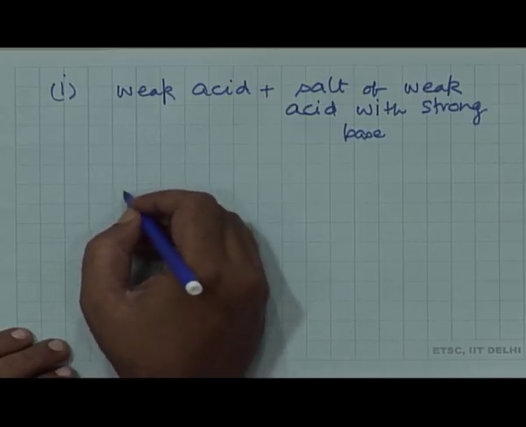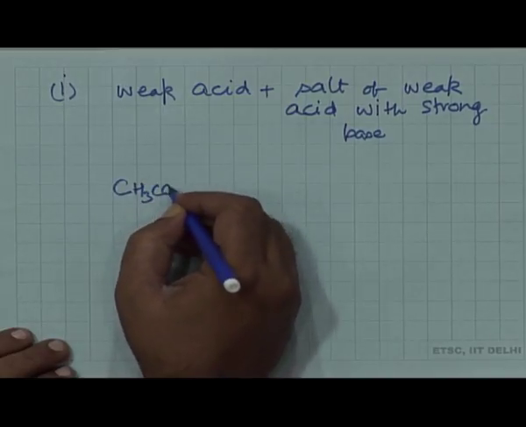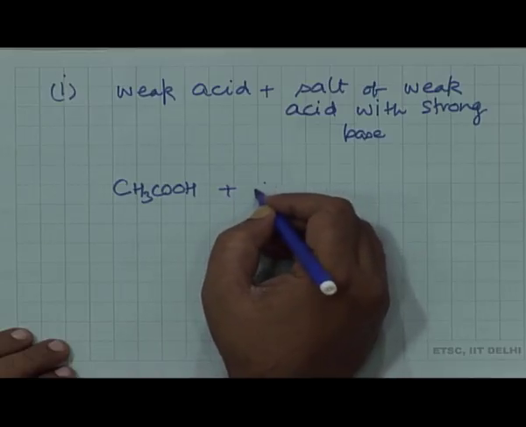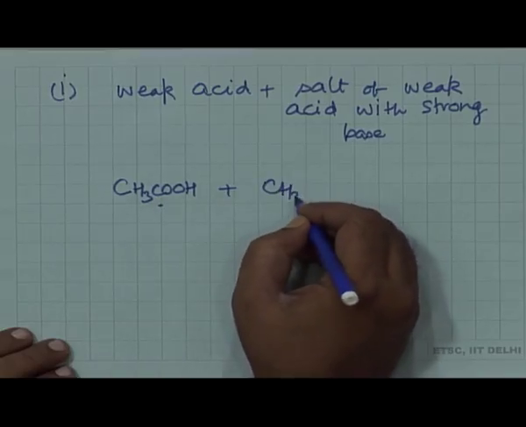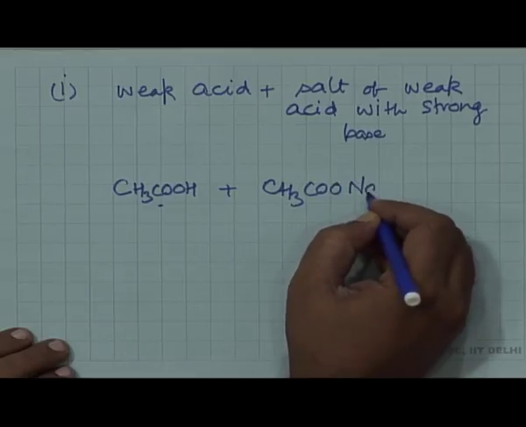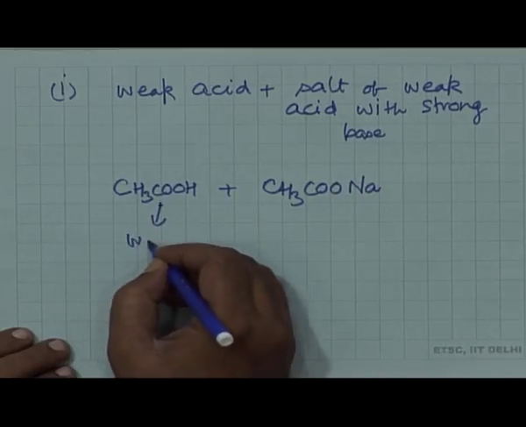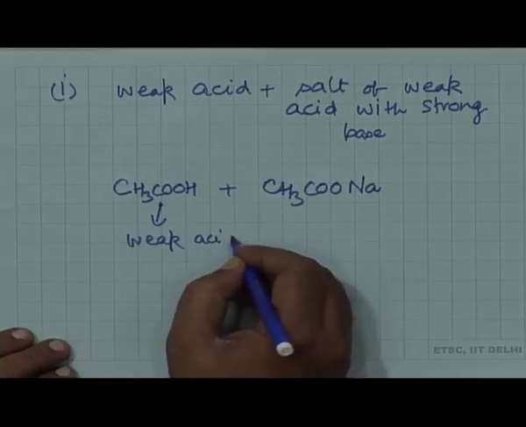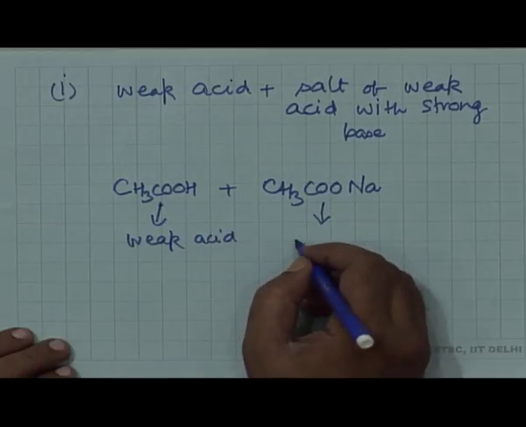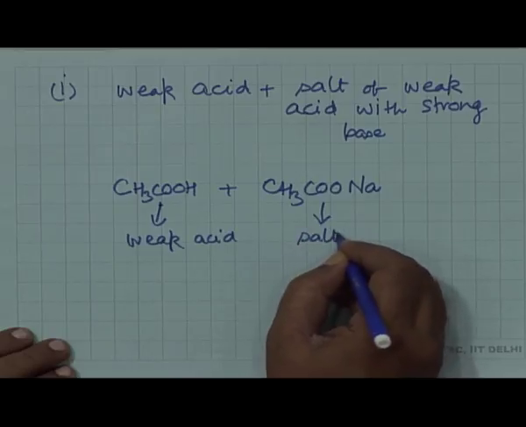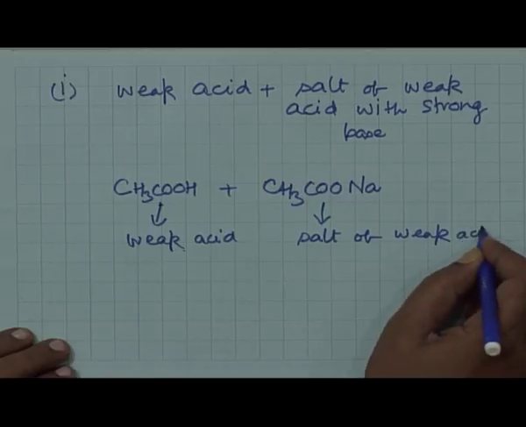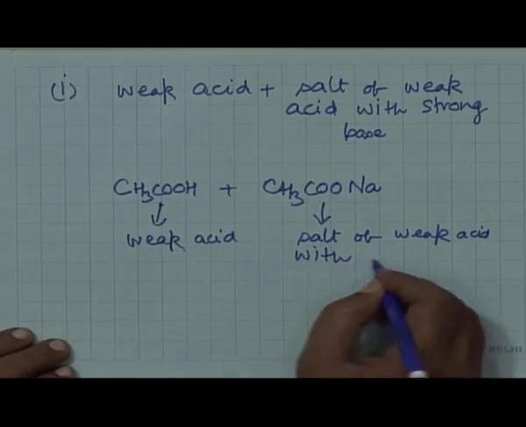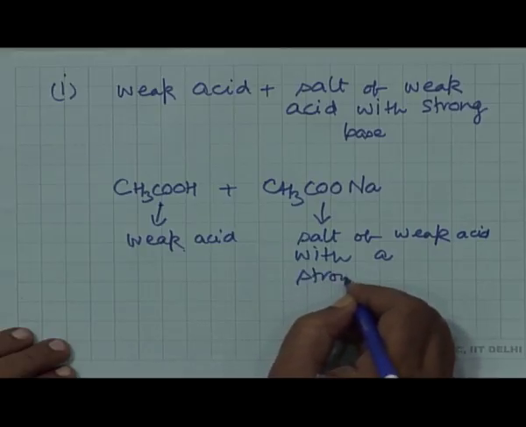So, for example, acetic acid with its salt with a strong base, that can be CH3COONa. So, this is the weak acid, and then this is the salt of the same weak acid with a strong base.